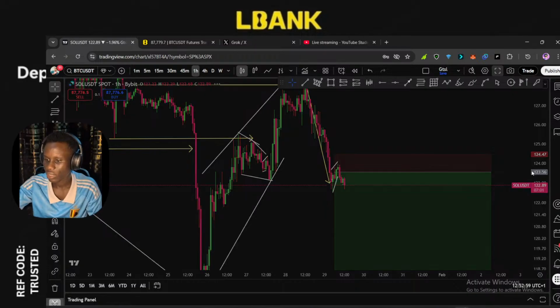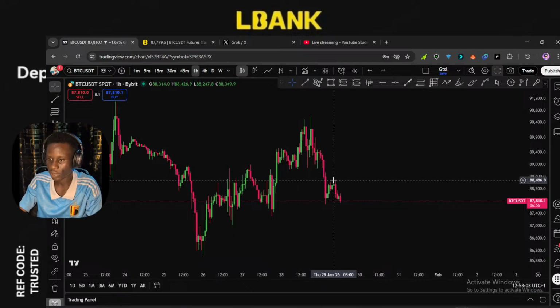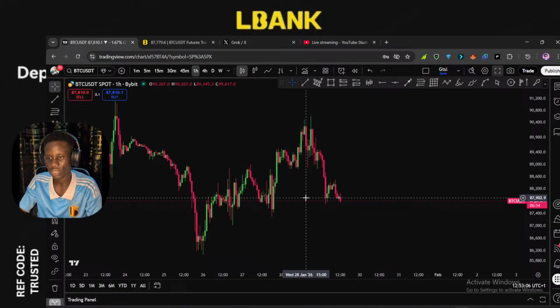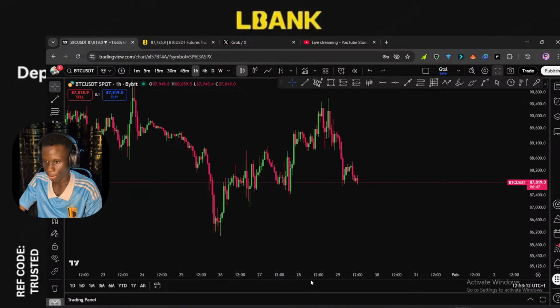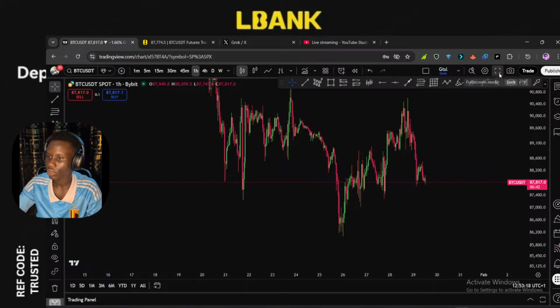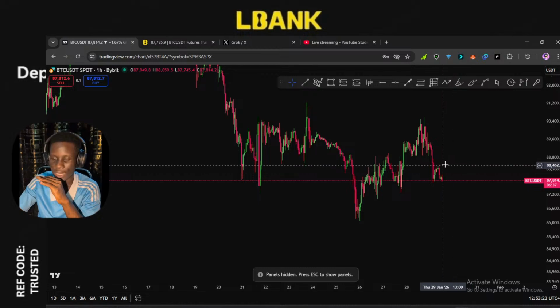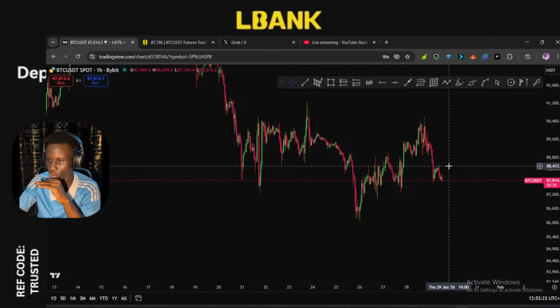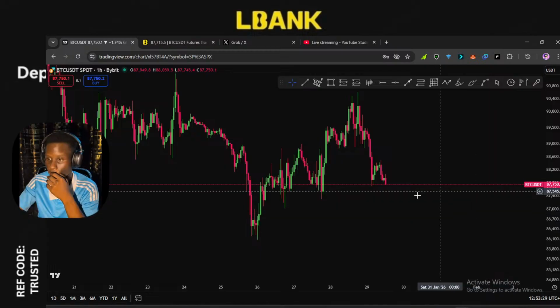I think I can still use BTC for that, but BTC has not filled this point, so it might not really go. But for the sake of this lecture, let me just do that right now. I've been talking about how to cite your high probability setup already. So we are just going to take this as a continuation, where we want to do our position sizing and stop loss placement.